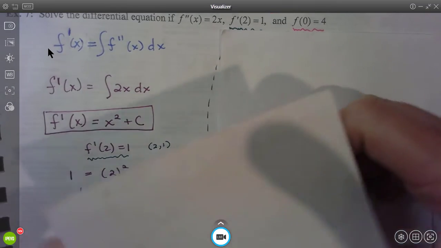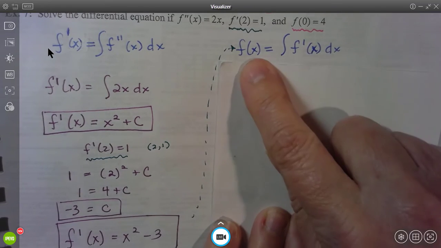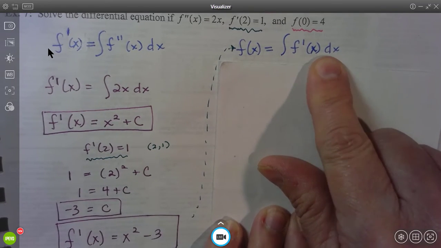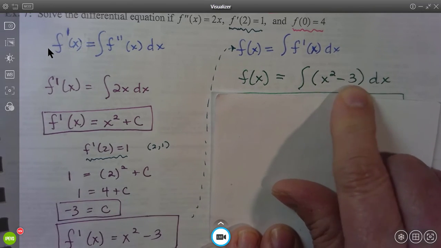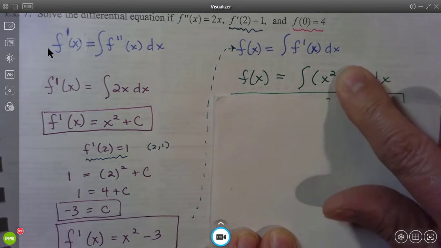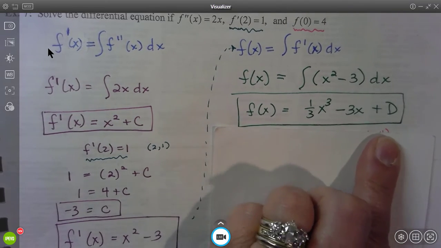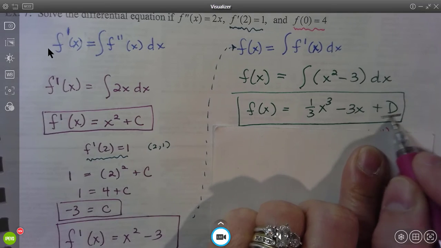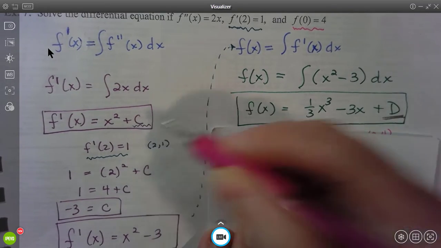Now I need to anti-differentiate again to get f, but here's what's important. F is the antiderivative of f prime. I'm going to substitute in what my f prime is, and term by term, you can see that's going to be x cubed over 3 minus 3x plus. Notice I am not using a c here because c was used over here.